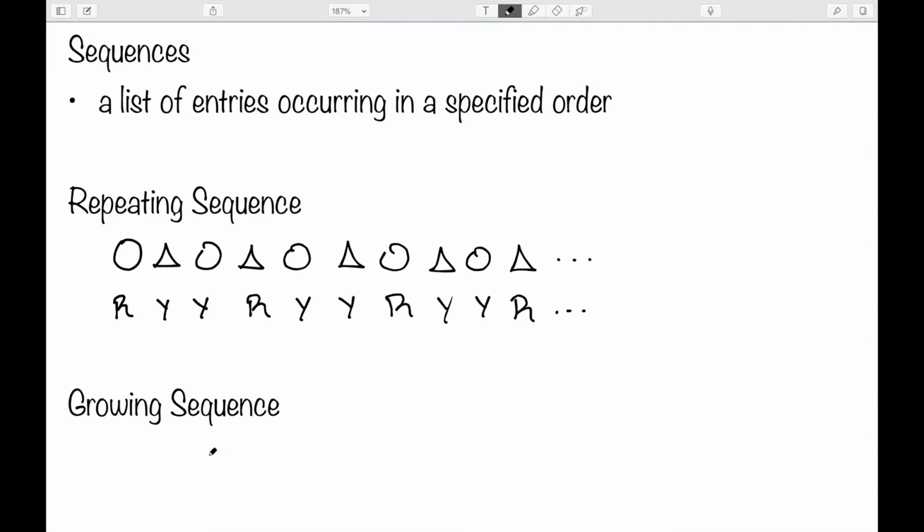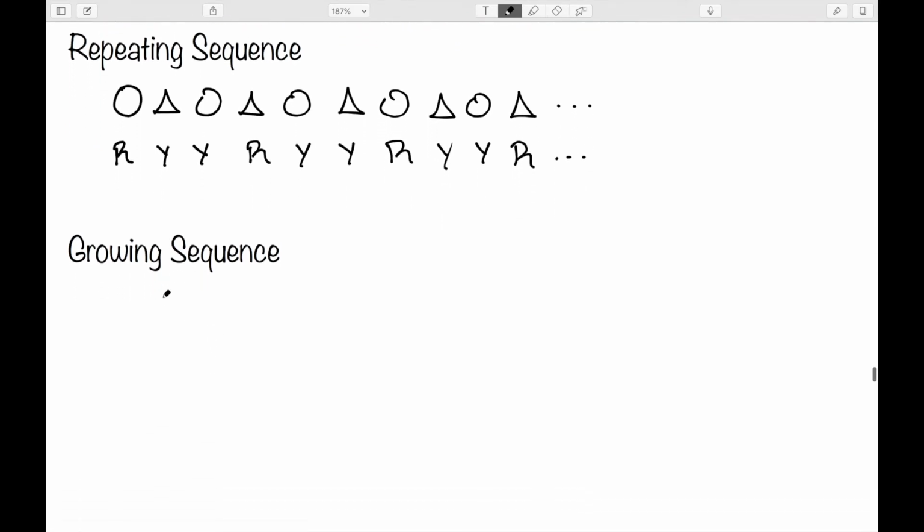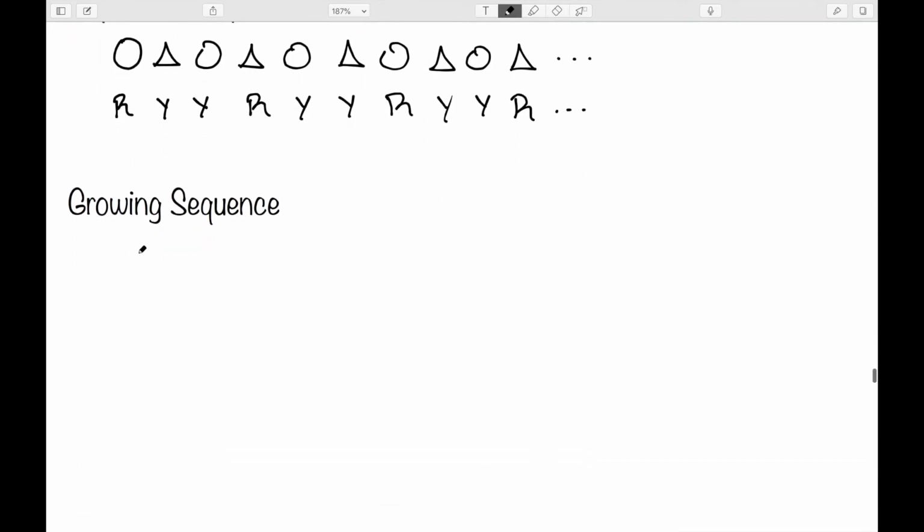Another example would be a growing sequence. A growing sequence is something that is going to increase in some pattern.